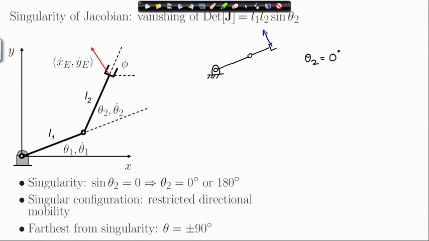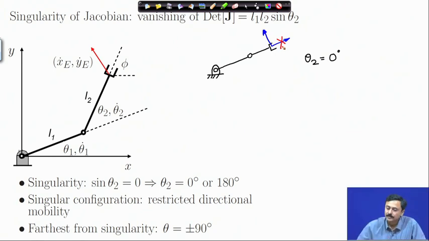You can very easily see this, that you can produce a velocity in this direction, but you cannot produce velocity in the radial direction. You cannot produce that velocity. So, the velocity that can be produced is the tangential velocity.